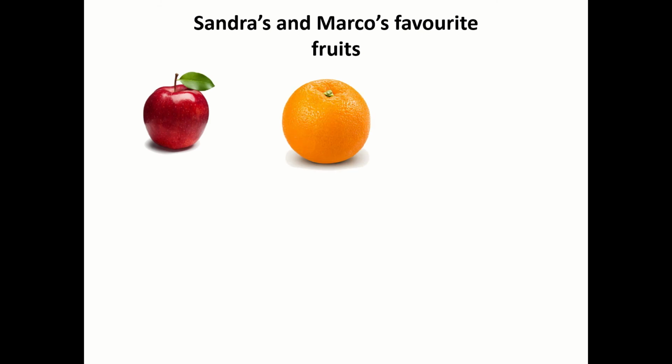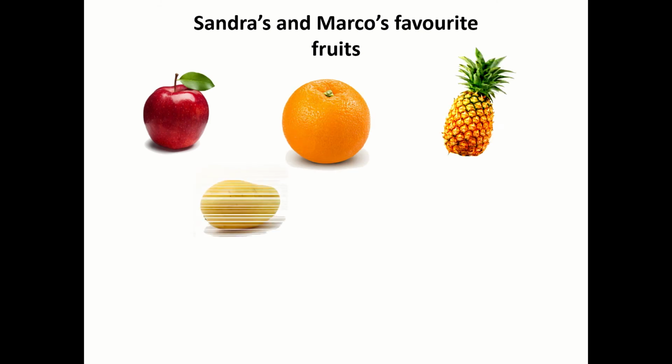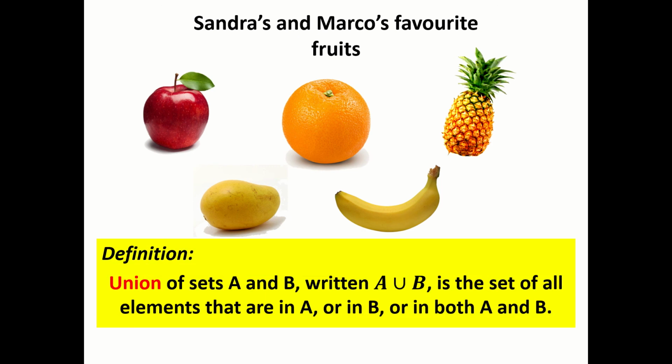So that would be apple, orange, pineapple, mango, and banana. So when we try to put them together, we are already performing the second set operation, which is so-called union.